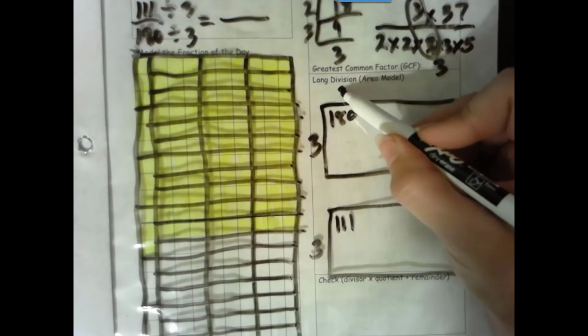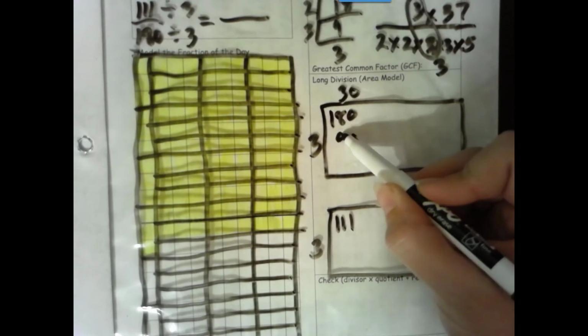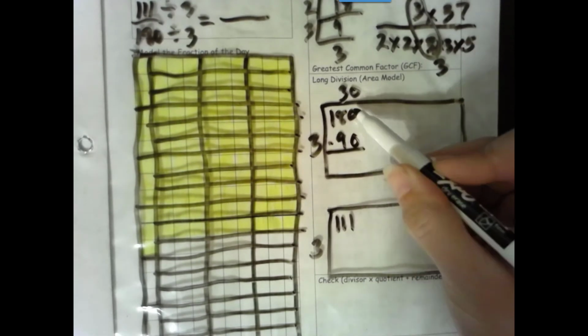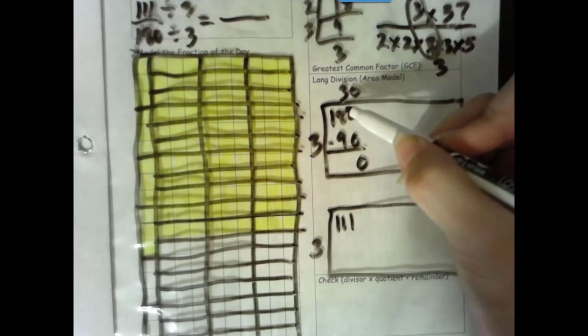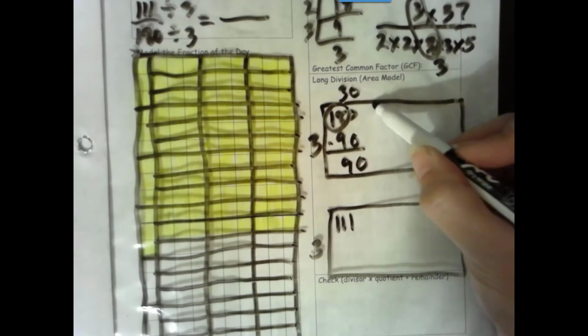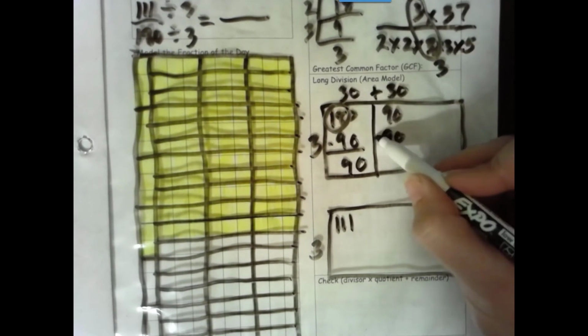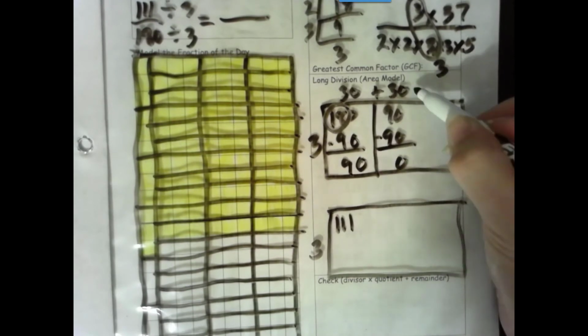Let's see, 3 times 30 is, placeholder moves it over a place. 3 times 3 is 9. Number's the same, 0's the game. 18 take away 9 is 9. 30 times 3 is 90. Number's the same, 0 is the game. Add our partial quotients together and we get 60.